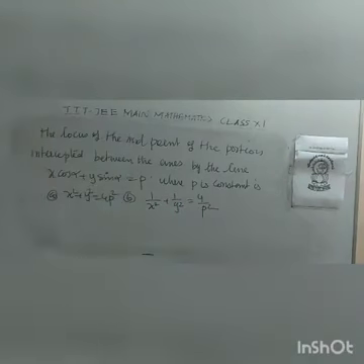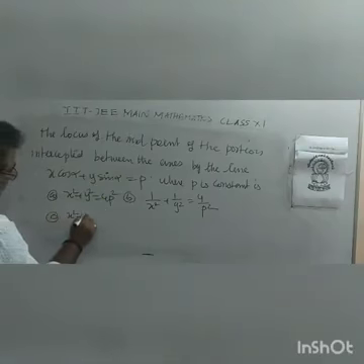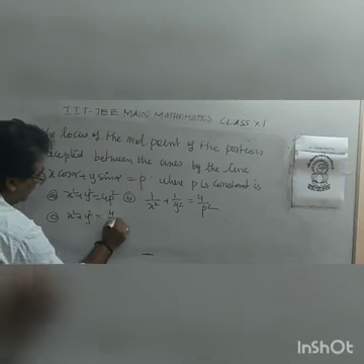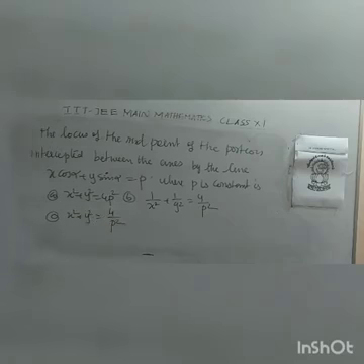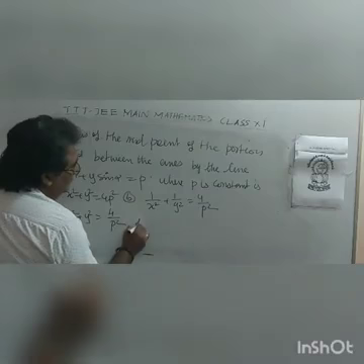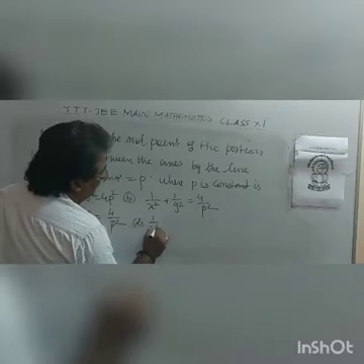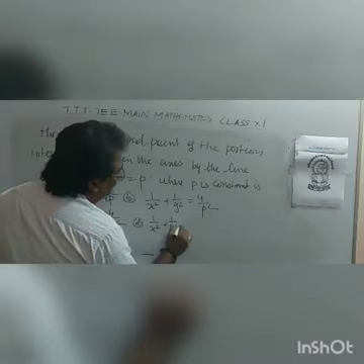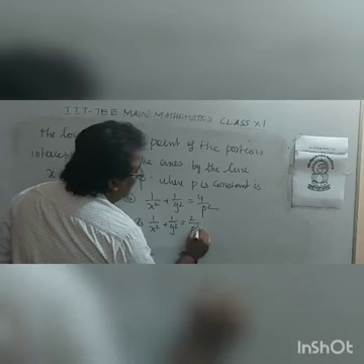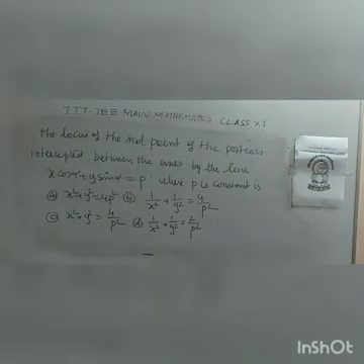Option B, 1 by x square plus 1 by y square equal to 4 by p squared. Option C, x square plus y square equal to 4 by p squared. Option D, 1 by x square plus 1 by y square equal to 2 by p squared.